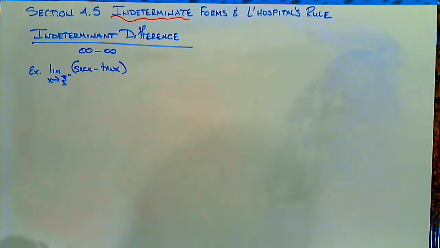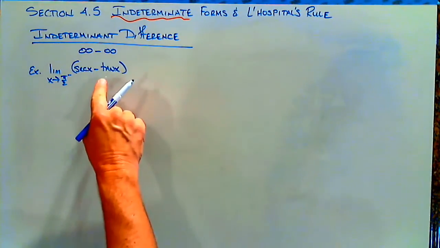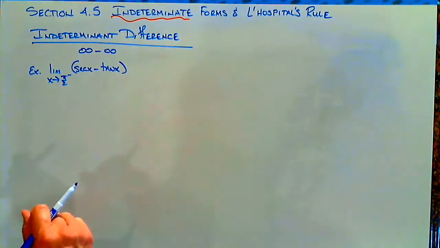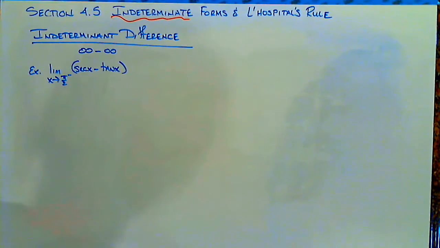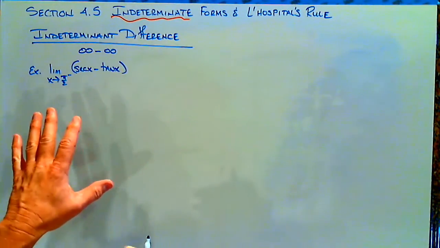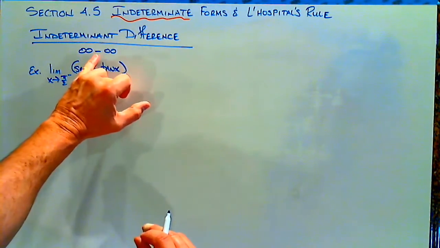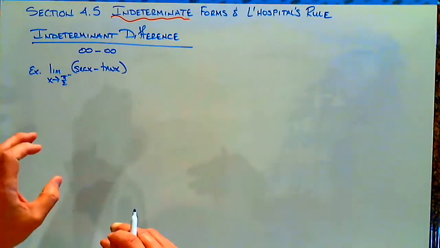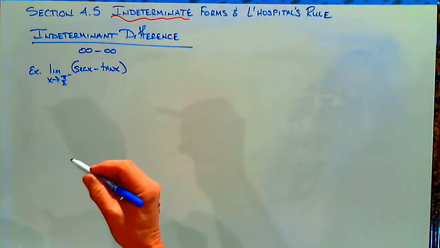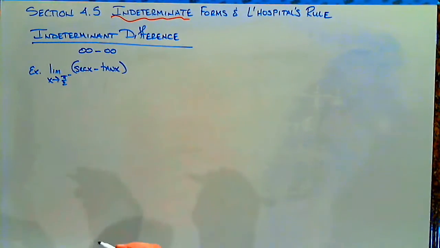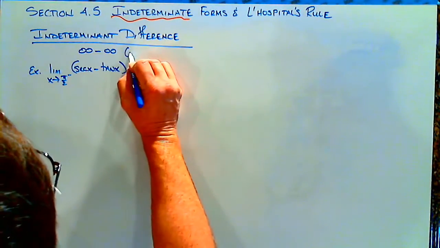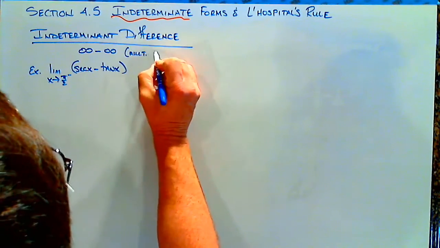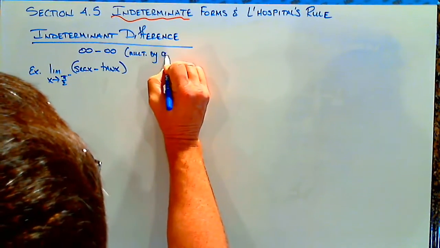What I said earlier was true. We take a look at this and we think to ourselves, maybe I should try to find a fraction. Well, where are we going to find a fraction in this problem? There's not a fraction presented to us. Sometimes when we have an infinity minus infinity, there's going to be a fraction in the problem, and our approach then is going to be to multiply by the conjugate.